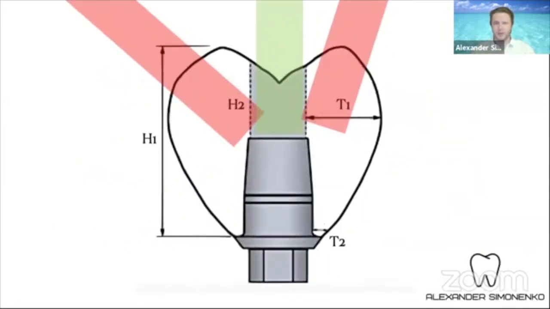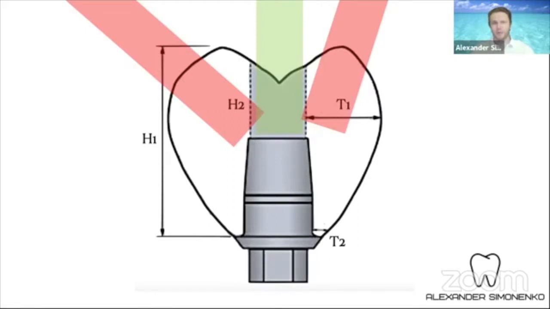And when we need to decide what type of prosthesis to choose, screw retained or cemented, we need to understand 2 points. The first point, the screw hole cannot be on the top of the buccal cusp, because the composite filling on the top will be destroyed by chewing force, and this is unpredictable.